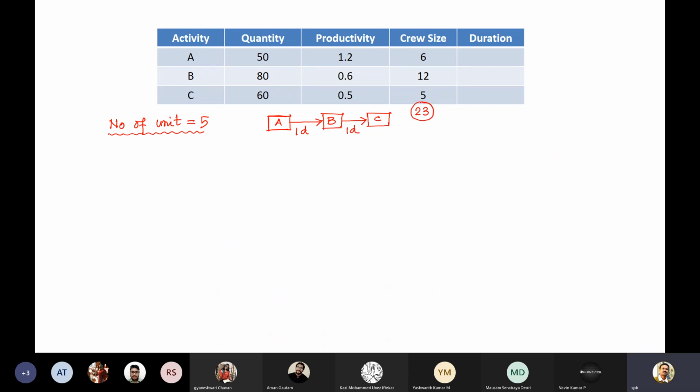Now find out the duration. Can you find out the duration? With this formula, T equal to Q P by CS.